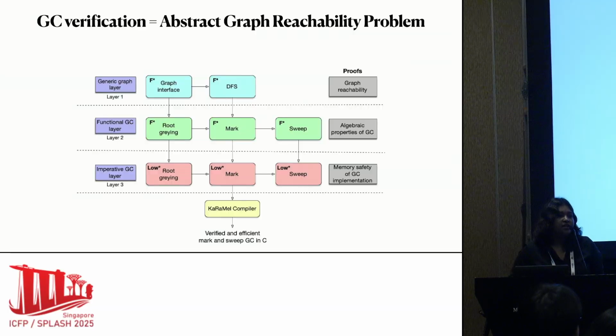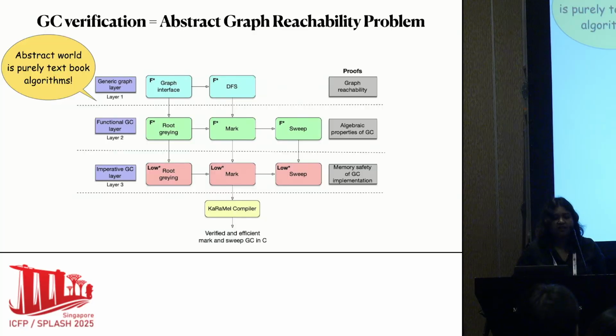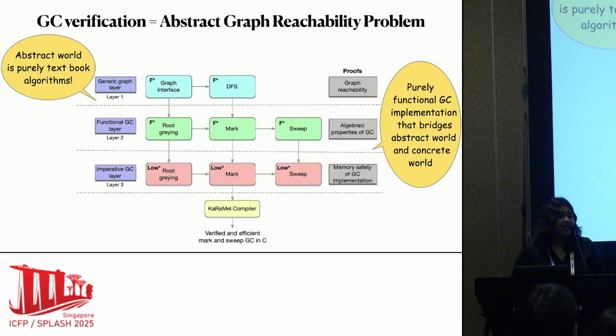So we model GC verification as an abstract graph reachability problem, where the highest layer, the topmost layer, deals with depth-first search and graphs, as well as the verification of a depth-first search traversal. It's just a purely textbook algorithm implementation. In the second layer, we do a functional GC implementation where we implement enough features to do a drop-in replacement.